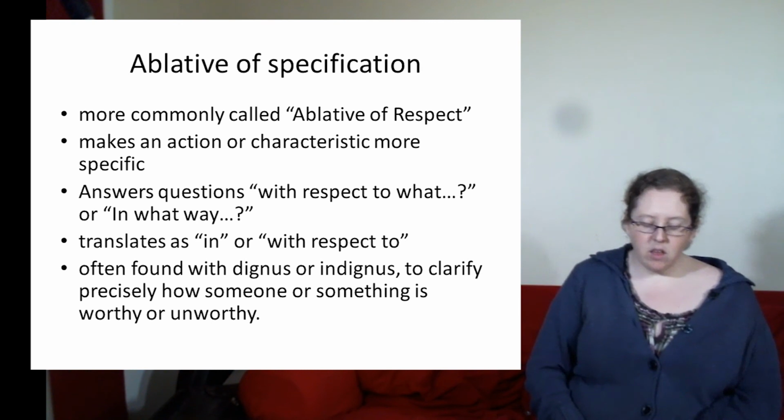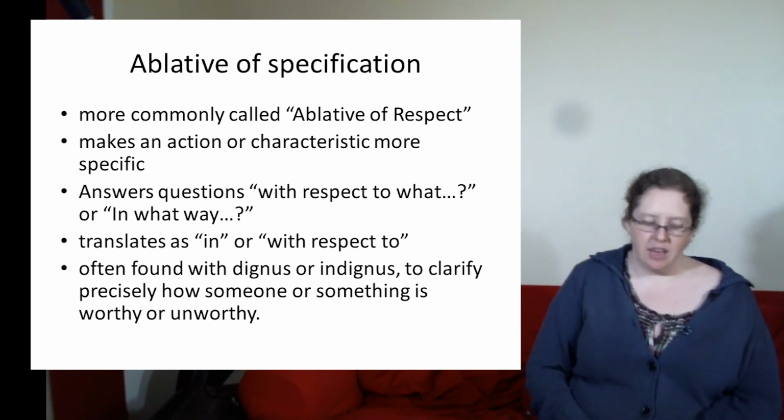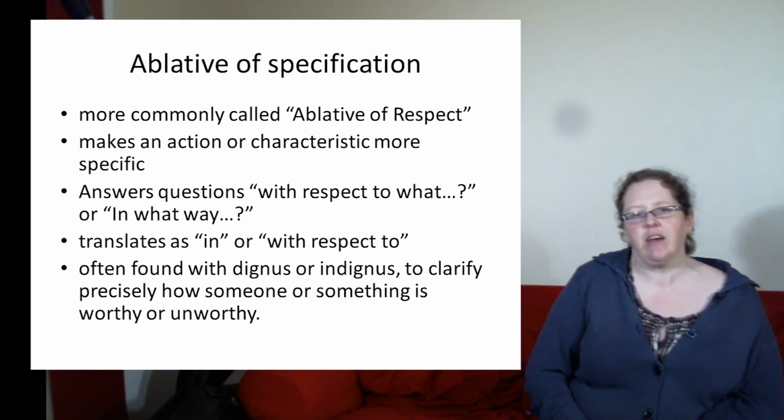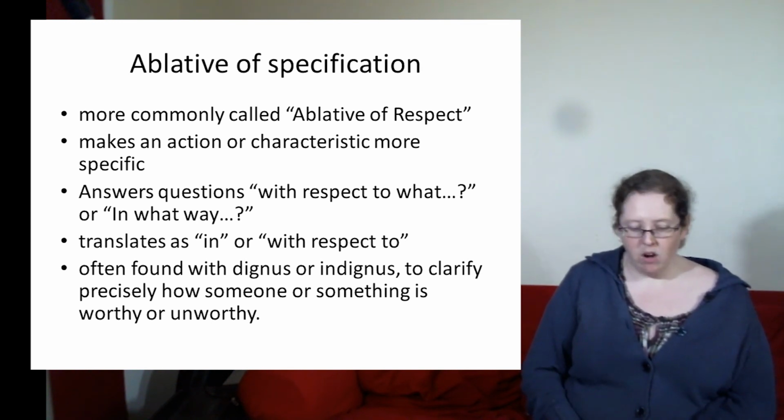And you translate your ablative of specification beginning with in. So if you want to say, let's say, honore, honor was your ablative of specification, you would translate that as in honor or with respect to honor.